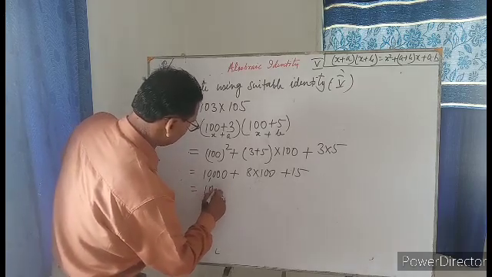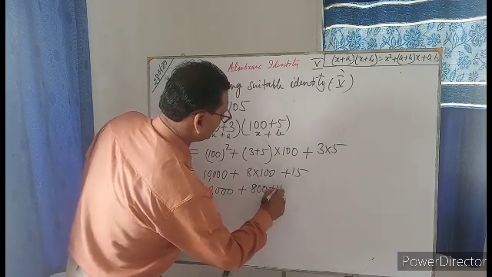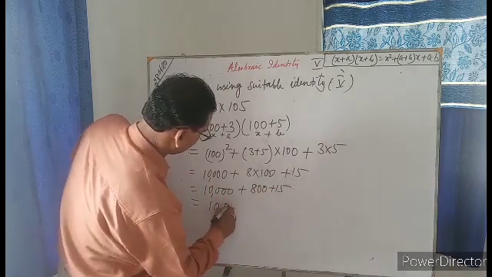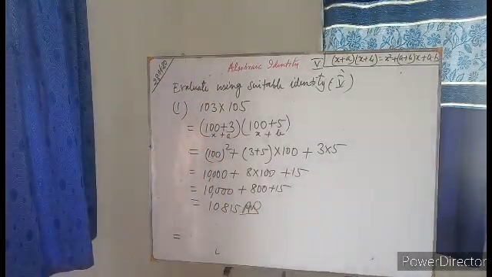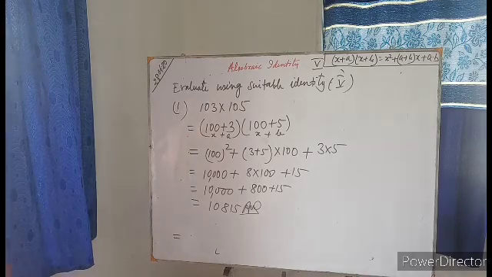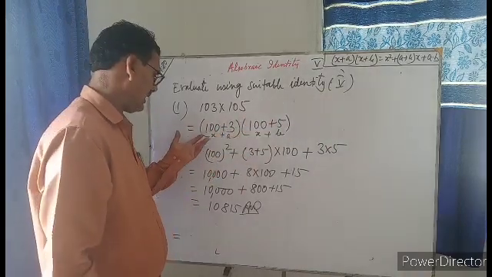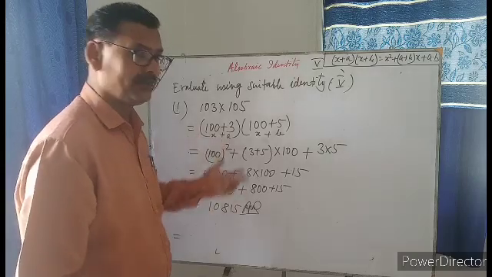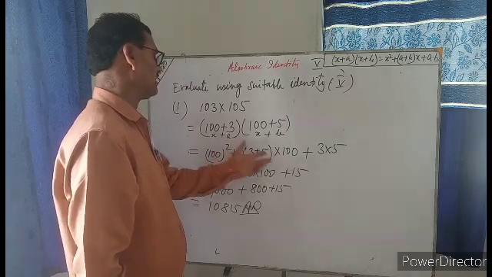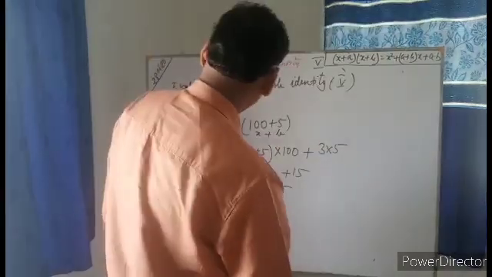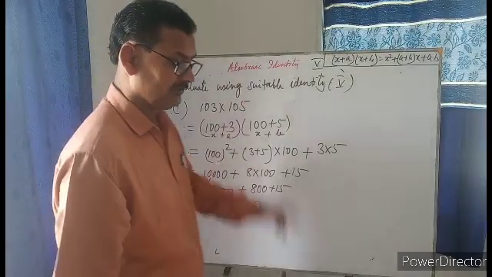So 10,000 plus 800 plus 15, and this will give you 10,815. Any problem? You have to understand first of all x, a and b. Here 100 plus 3, 100 plus 5, so x is 100, a is 3 and b is 5. So 100 square is x square, plus a plus b, 3 plus 5, into 100, plus a into b. In this way, 10,815 is the answer.